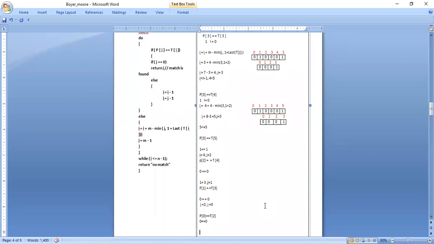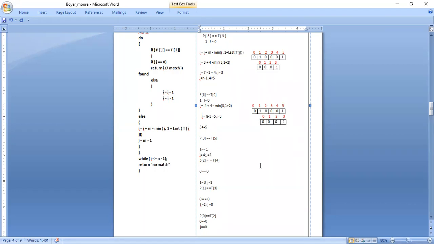You can see here 0 is equal to 0, 0 equal to 0, and also now my J value is 0. So I have come to a position where J is 0. That means all characters of my pattern have been matched. So it's going to return I. What is I?